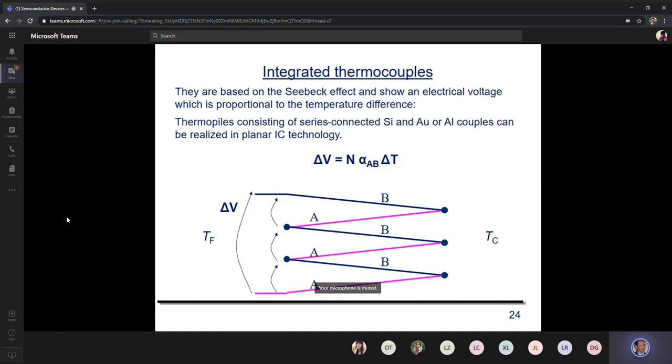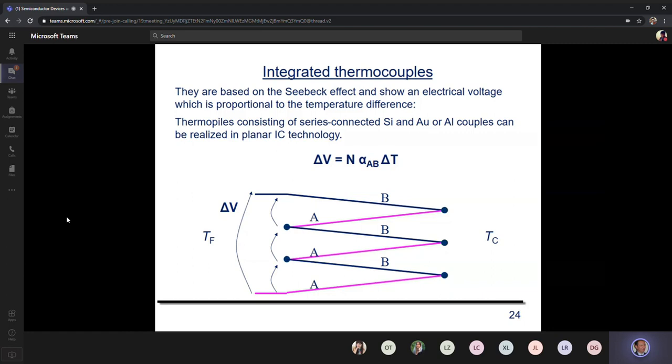You may have heard about physical effects that are called the Seebeck effect or Peltier effect. And you may also have heard about thermopiles or thermocouples. Okay. So essentially, you have a device that is made of a junction of two different types of conductors, or a combination of a conductor and a semiconductor.